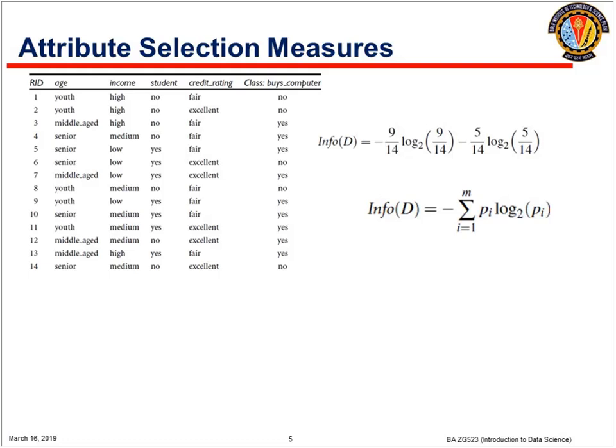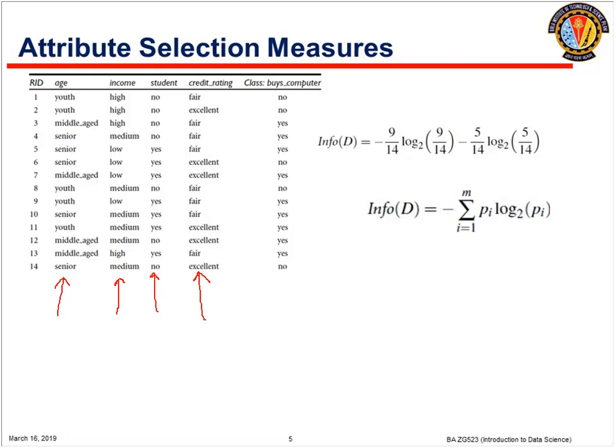You will select the attribute which gives the least entropy. So you'll calculate entropy for each split based upon age, income, student, and credit rating. Then out of these 4 entropies that you have calculated, you will select the one that has the least value of entropy.